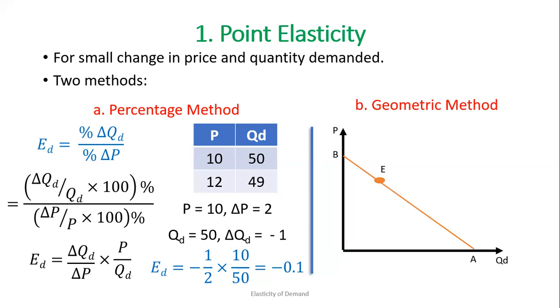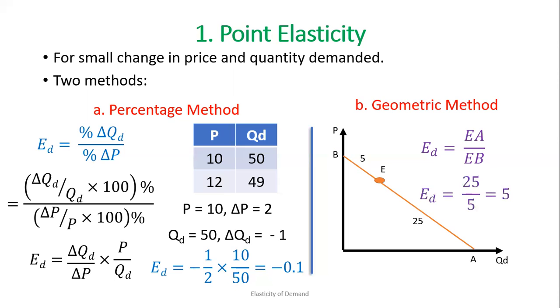Now the elasticity at point E can be measured by measuring the distance from point E to the x-axis and dividing it by the distance from point E to where it connects with the y-axis. So it will be EA, that is, the distance along the demand curve to the x-axis, divided by EB, the distance along the demand curve to the y-axis.